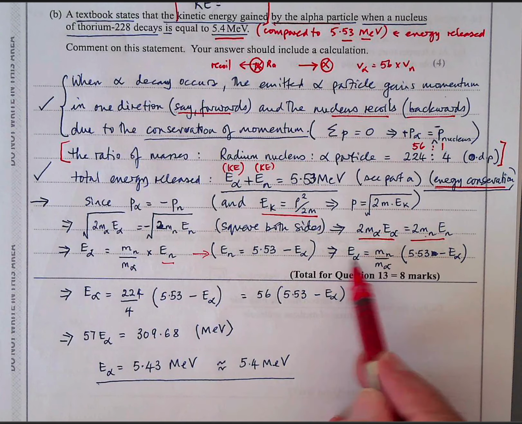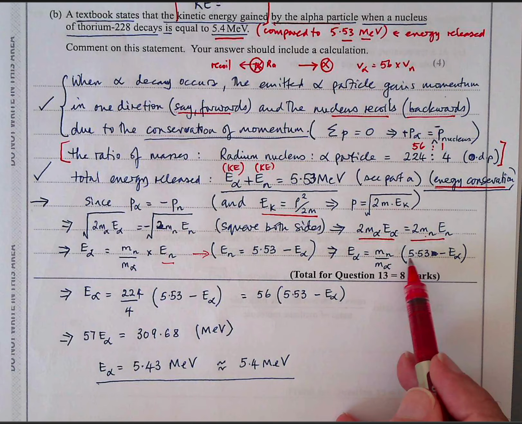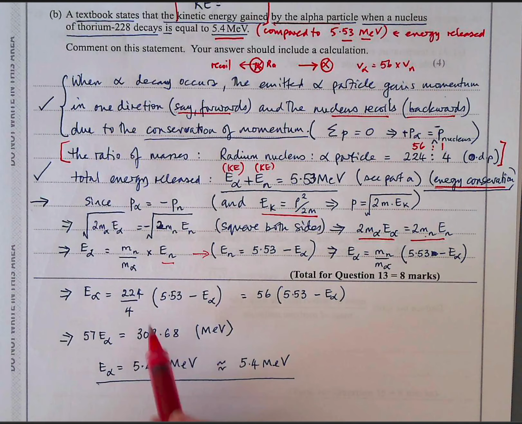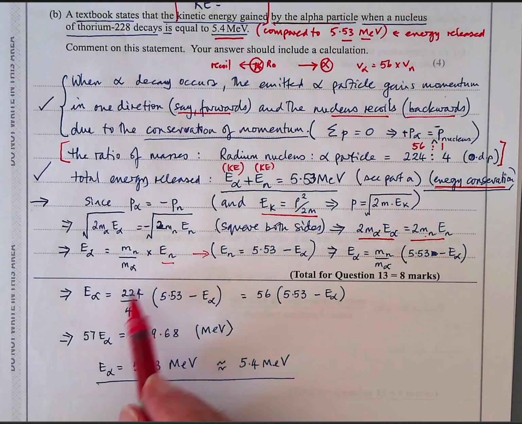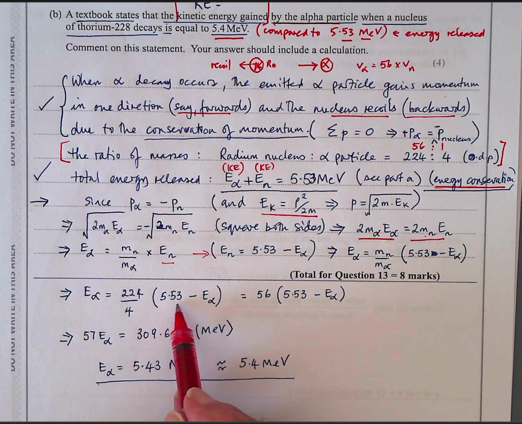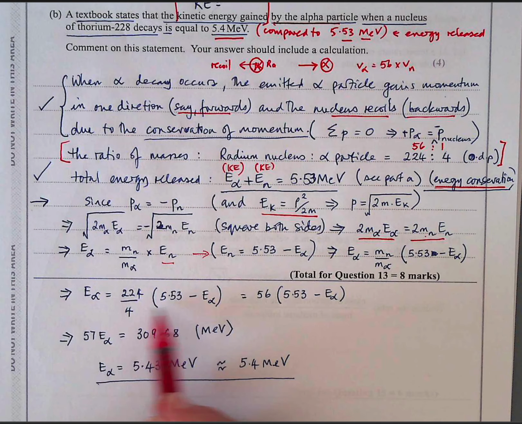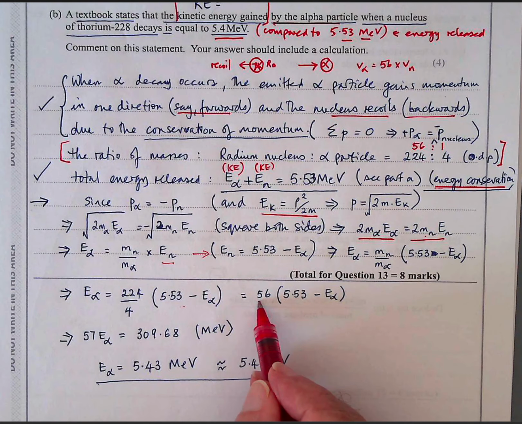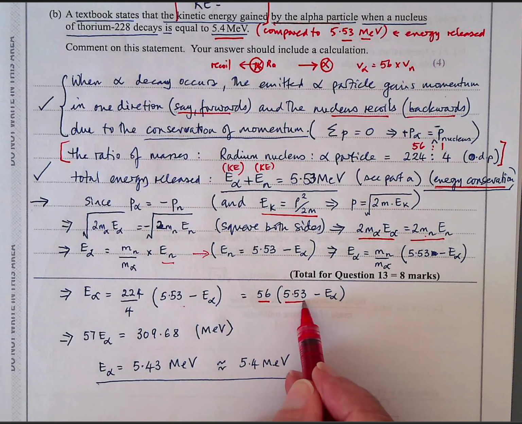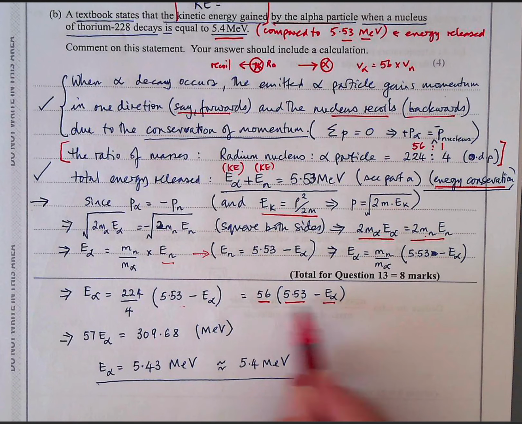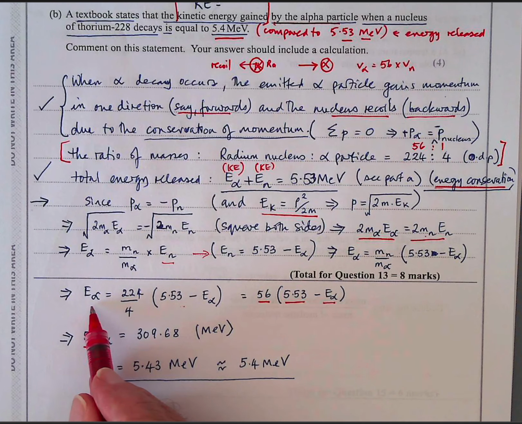We can substitute for the energy of the nucleus using this equation. Once you do that, you've only got one unknown, which is the energy of the alpha, because you put in 5.53 minus the energy of the alpha, and you put the numbers in. There's your 56 ratio, 56 to 1, and 5.53 is the total energy. Take away the energy of the alpha particle and expand the brackets. Putting the 56 of these on the other side, you get 57 in total because you've got one this side.